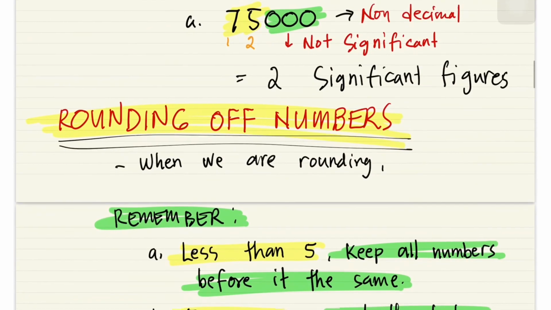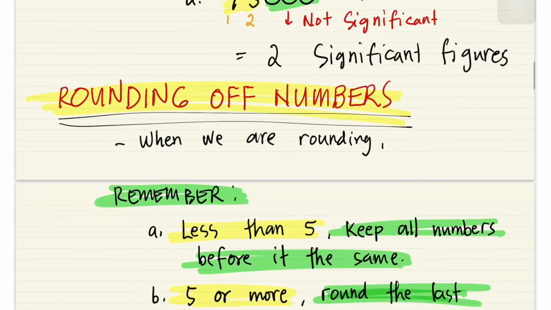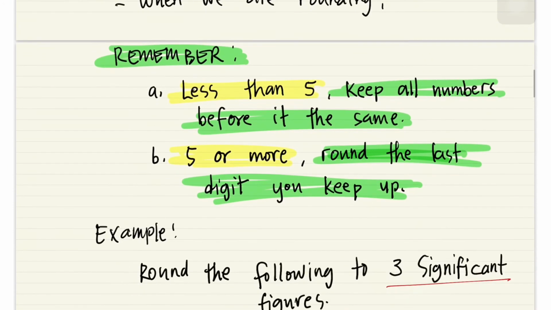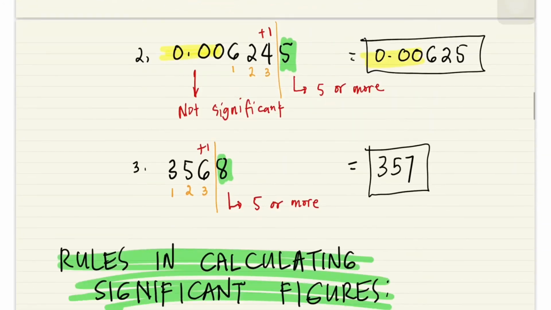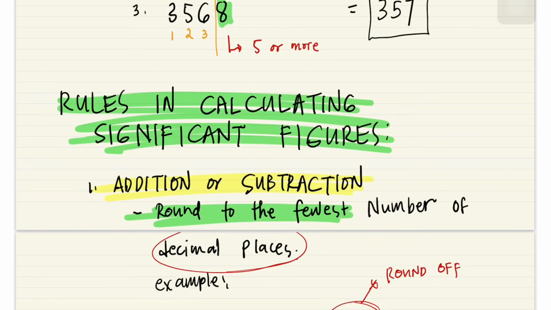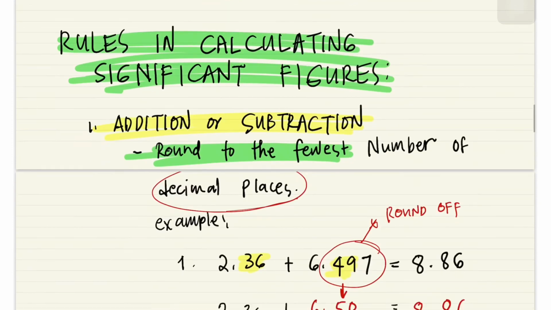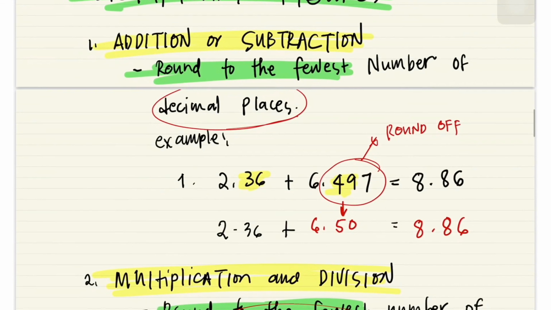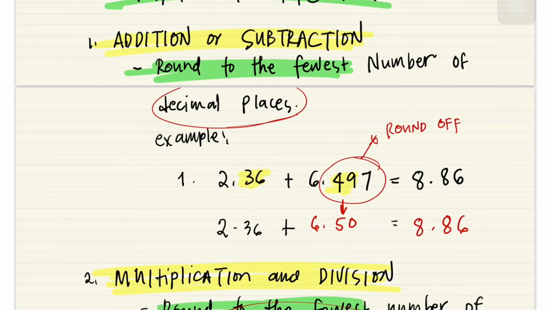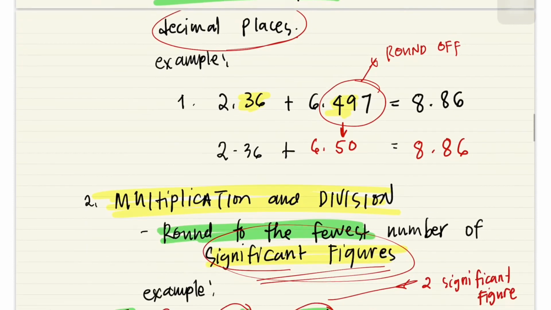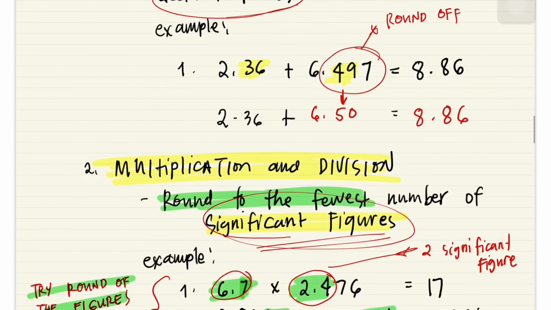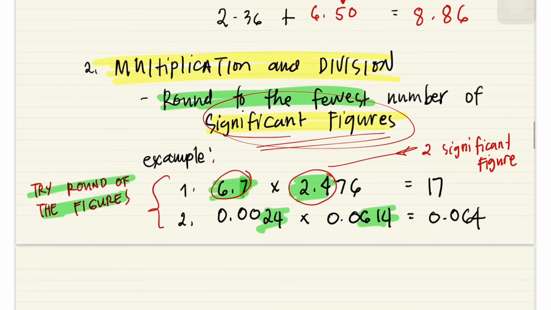After that we learned how to round off numbers. There are 2 things to remember. Then we used significant figures in calculating numbers. For addition and subtraction, they have the same rule: the fewest decimal places. And for multiplication and division, the fewest number of significant figures.